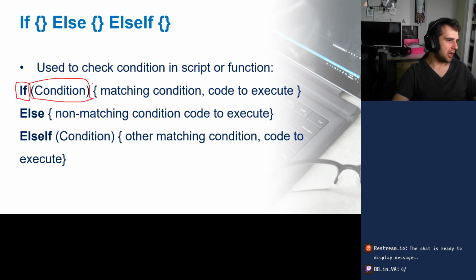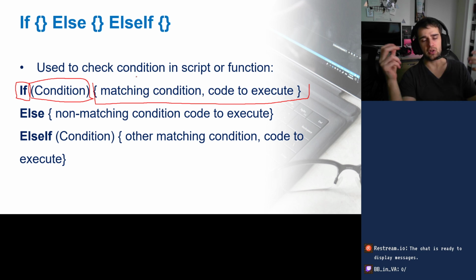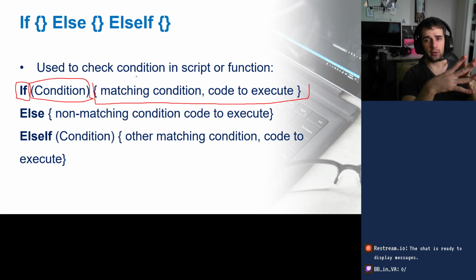So essentially, matching, once we've had that, then we have our first script block. This is the condition that is evaluated to be true. Now, when I'm using true in inverted commas, it's because PowerShell will naturally evaluate to be true.